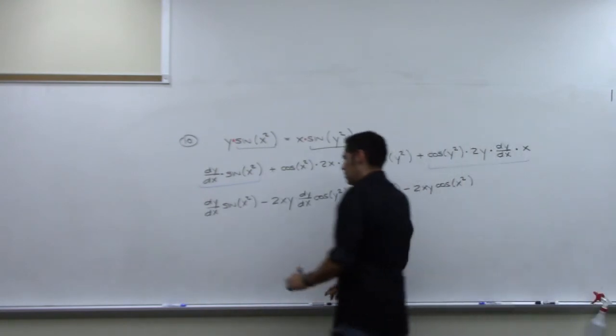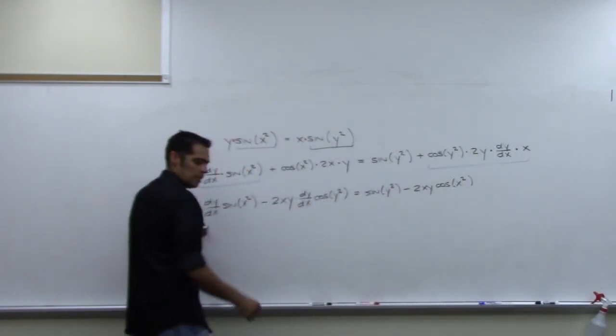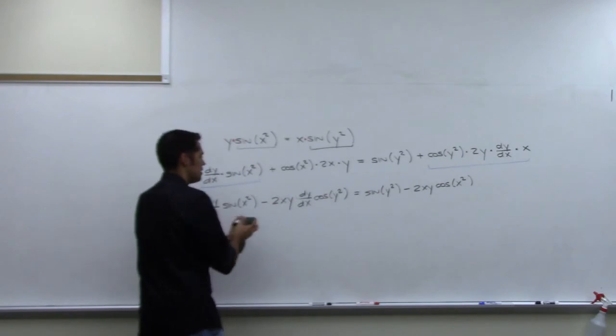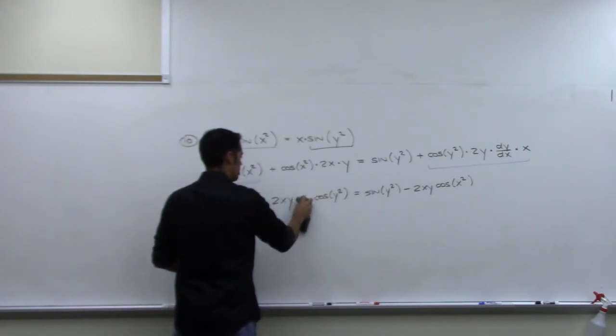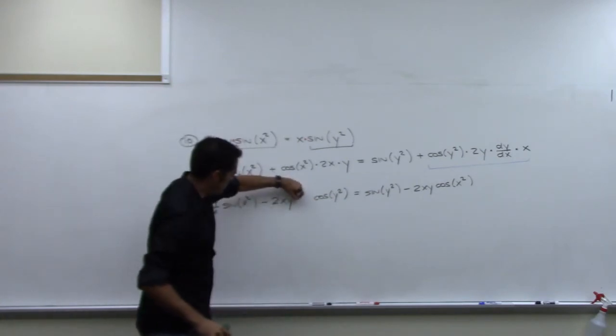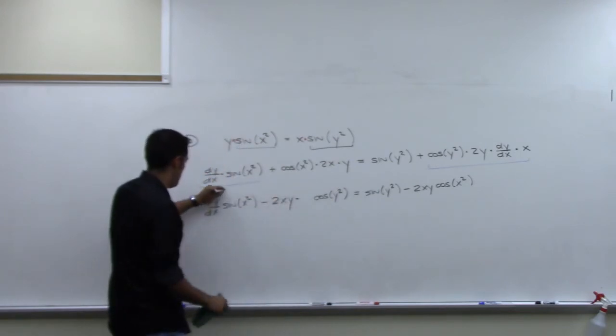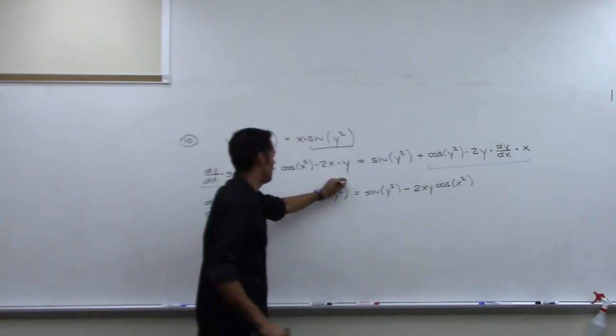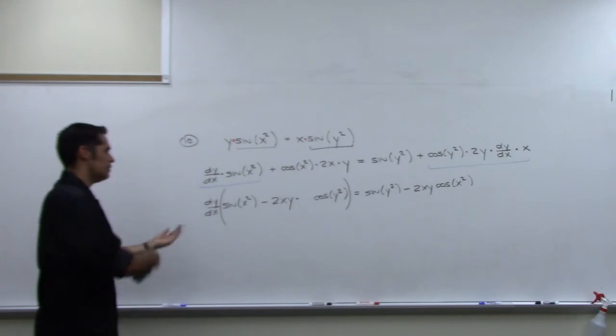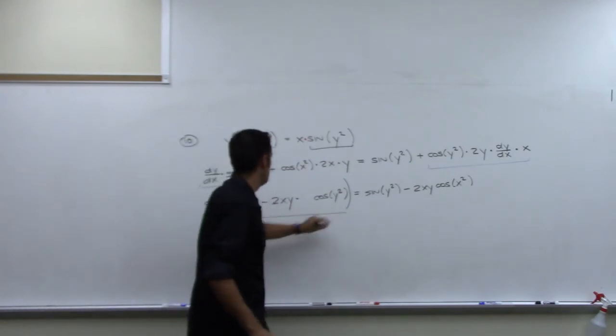Now both of these have dy/dx in them, so I'm going to factor a dy/dx out, and I'm going to do a shortcut here. I'm going to factor that out. Just remember that's multiplication. And then when I factor it out, it's going to look like that. And then I divide both sides by this big thing.